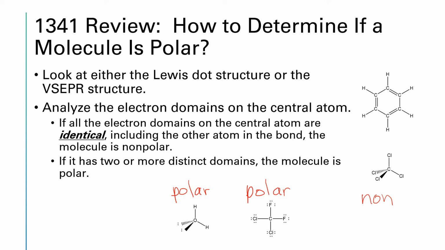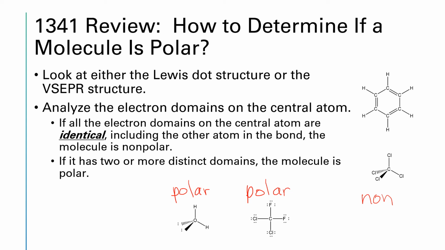All right, and then in the upper right, this molecule is known as benzene. Now, for a molecule to be polar, it does have to have at least 1 polar bond, and a molecule like benzene does not contain any polar bonds.